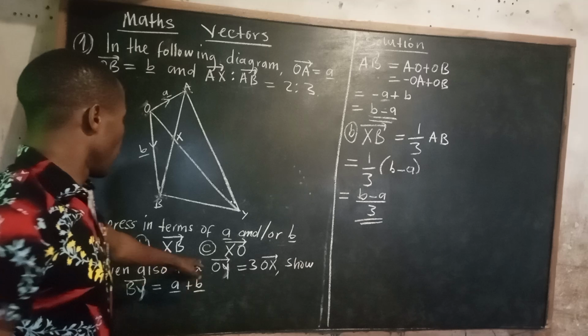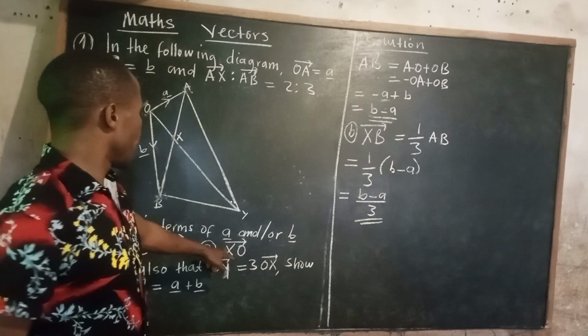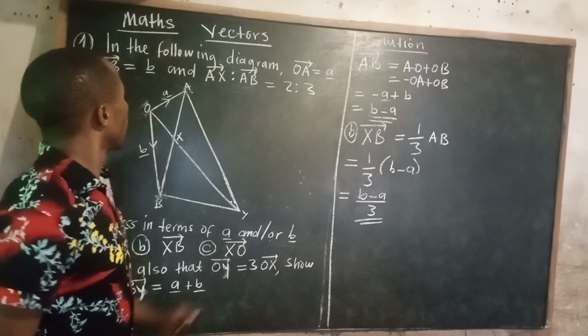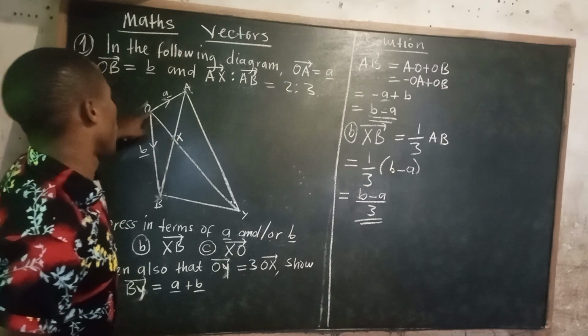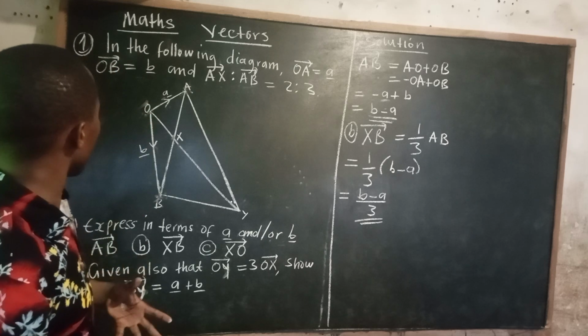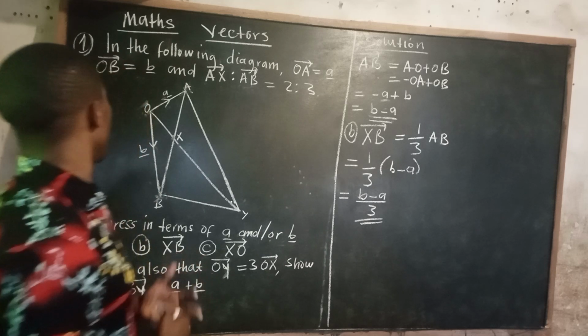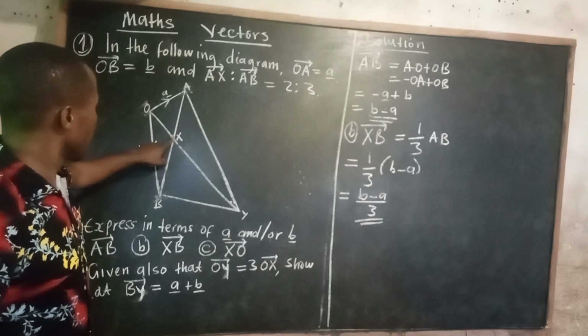Then again from there we go to C. C says vector XO. Vector XO. So now, how are we going to move to arrive here?